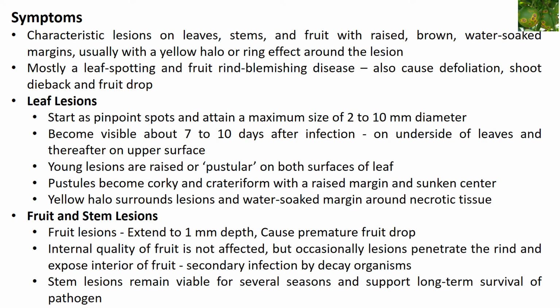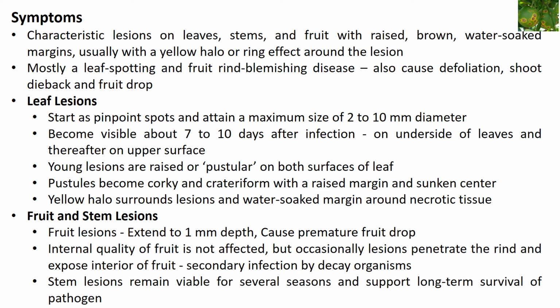The leaf lesions start as pinpoint spots and attain a maximum size of 2 to 10 millimeter diameter. The leaf lesions become visible about 7 to 10 days after infection, and these are observed generally on the underside of the leaves, and thereafter they begin to form on the upper surface as well.